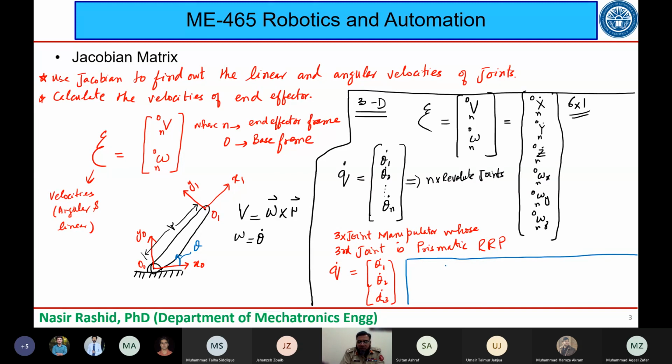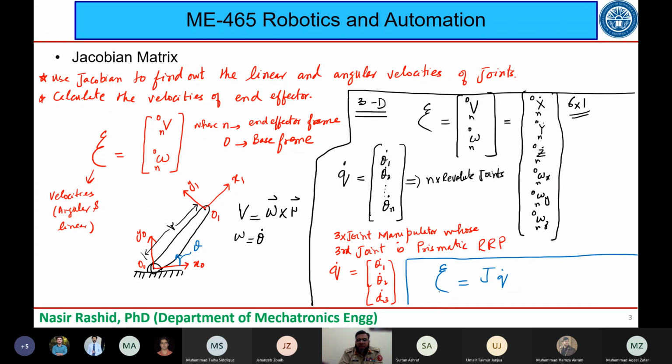So let me write chi equals J times Q dot, where I am introducing a matrix here, the Jacobian, which is J. Now listen to me very carefully. If we have Q dot as a vector which gives us the joint variables, multiplying that with the Jacobian matrix is going to give us the angular and linear velocities.